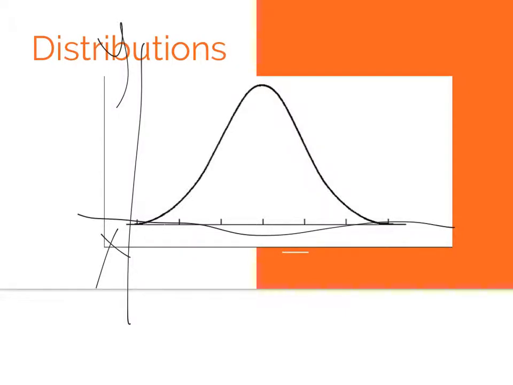So let's say, this is what we call a two-tailed distribution. This area right here and this area right here, if you hear the term tail, it's referring to this, in a distribution of scores or values.